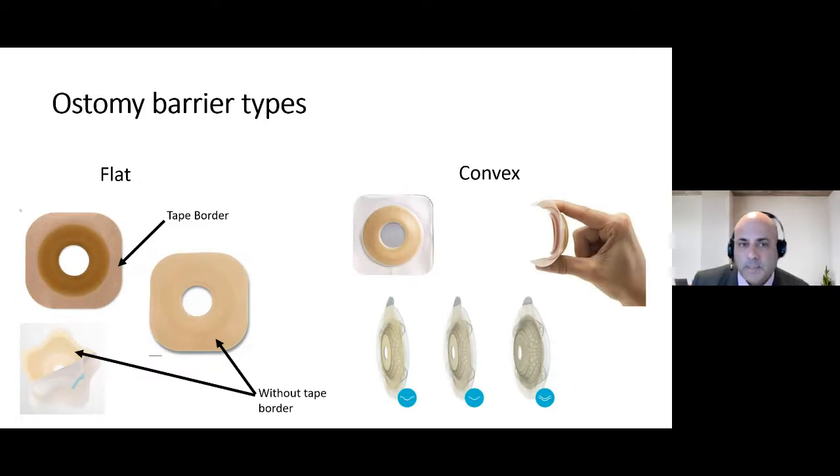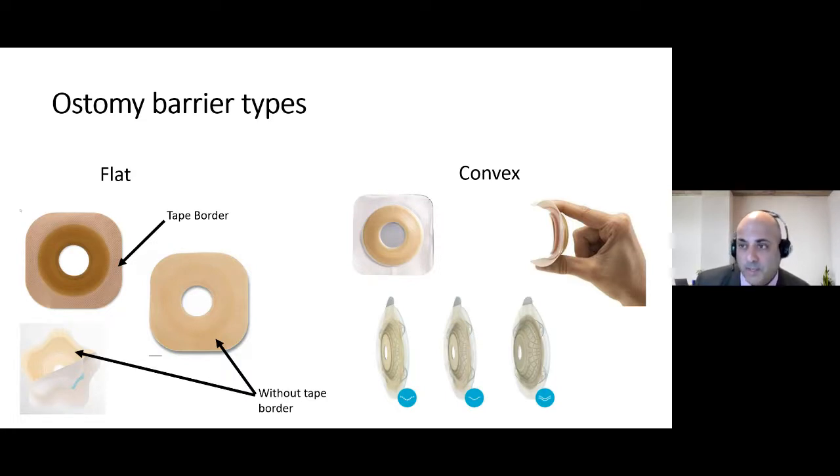When we look at the ostomy barrier types, we see different types of barriers. That's the part that sticks to the skin. The barriers can be flat, with or without a tape border, or they can be what we call convex. In other words, the barrier actually has a bump on it, and you can see that in the images on the right.